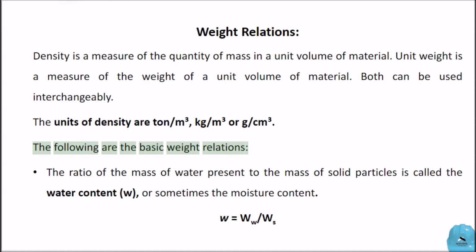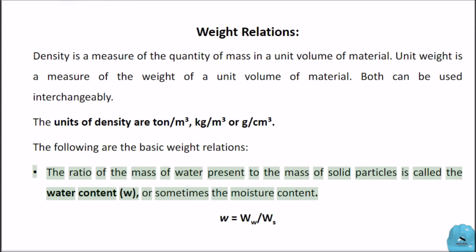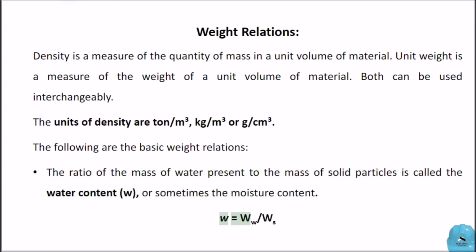The following are the basic weight relations. The ratio of the mass of water present to the mass of solid particles is called the water content, w, or sometimes the moisture content. w equals W_w over W_s.